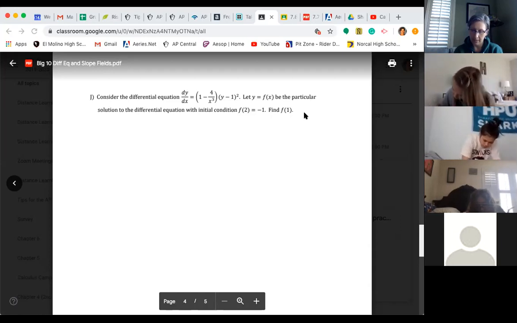And then on the other side, I have a 1 minus 4x to the negative 3, because the 4x to the third is much easier to find the antiderivative of if I write it as 4x to the negative 3. So I do the antiderivative of the 1 and I get an x.